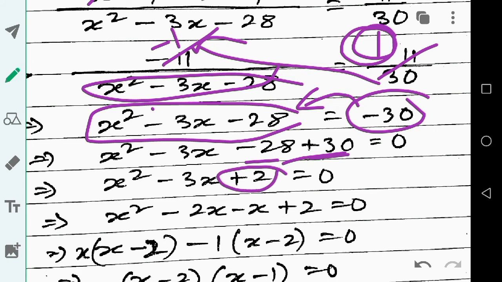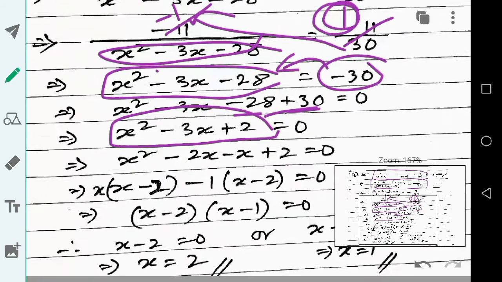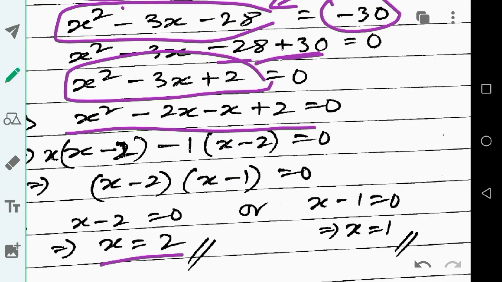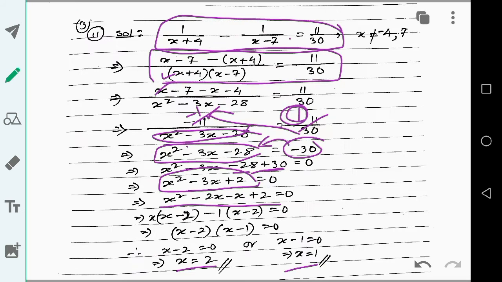So now we have got a quadratic equation. Okay, now you can solve this one by any method. Okay, I have applied here factorization method. Okay, so applying this I have got these two roots of this equation, that is x is equal to 2 and x is equal to 1. These are the two roots of this equation. Let me clean this page. Okay, so that you can note it.